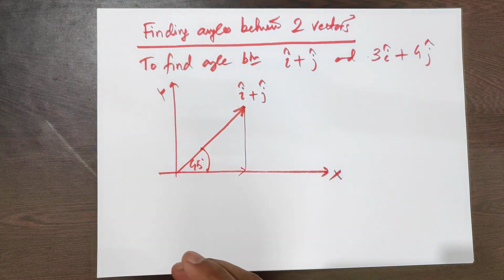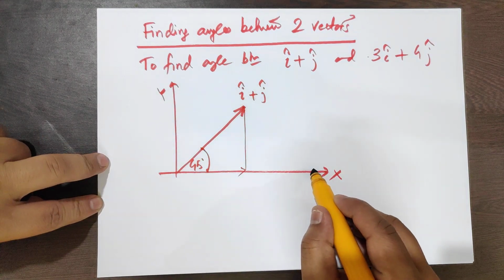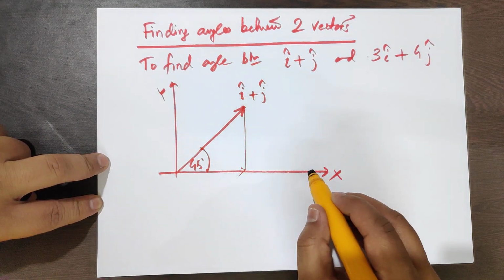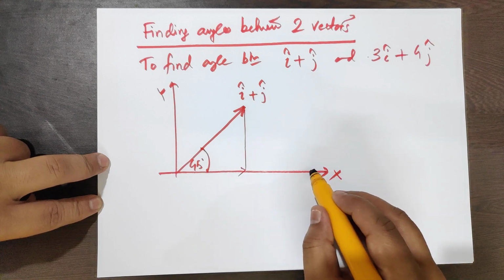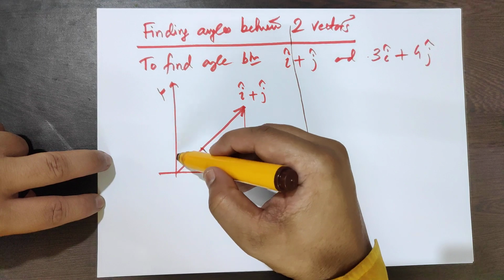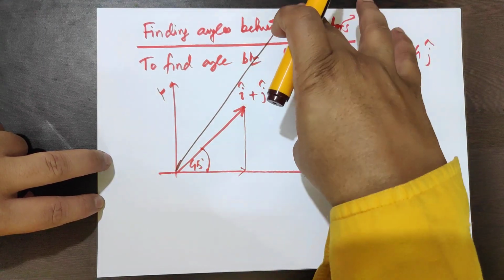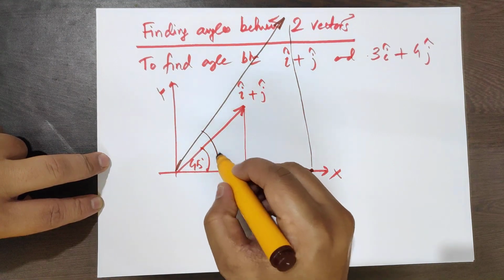Okay. And another vector 3i plus 4j. See, that's 3 times i here, and 4 times j, like this. Okay, so this is 3, this is 4. So this angle should be 53 degrees.